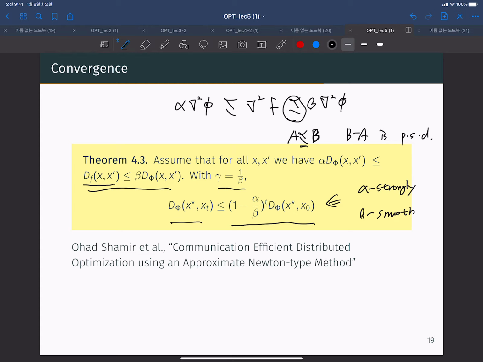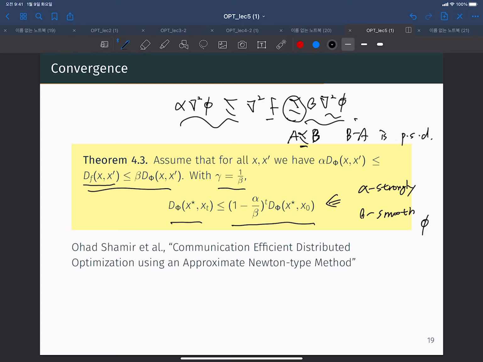So when your objective function is relatively alpha strongly convex and beta smooth with respect to pi, then we can guarantee roughly the same result as in the alpha strongly convex and beta smooth convex function case with the mirror descent approach.